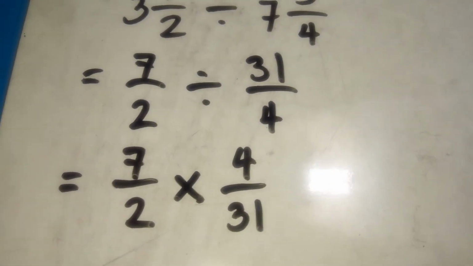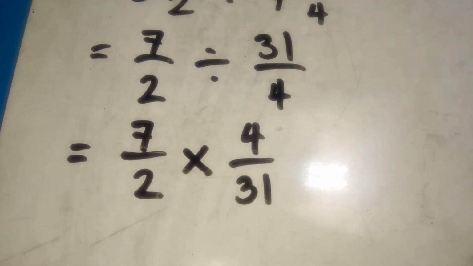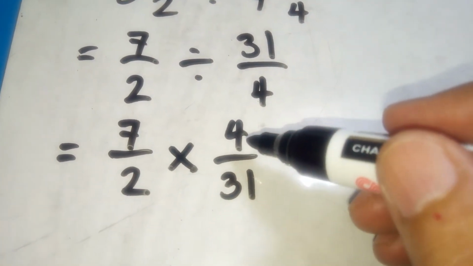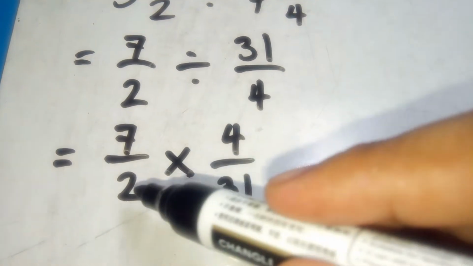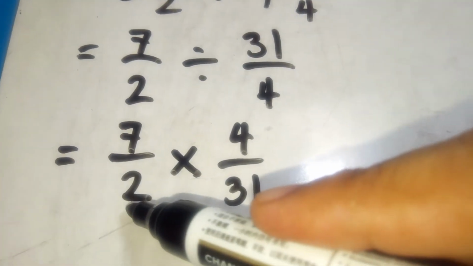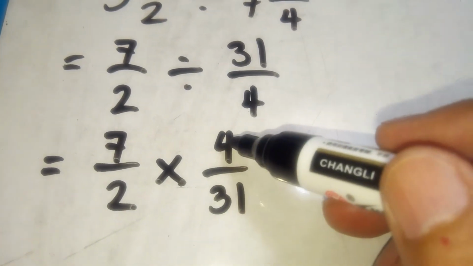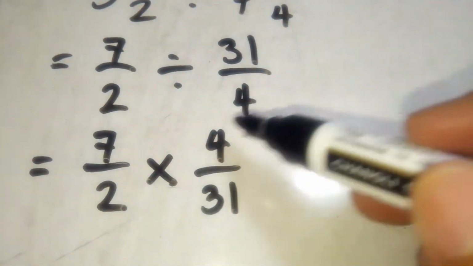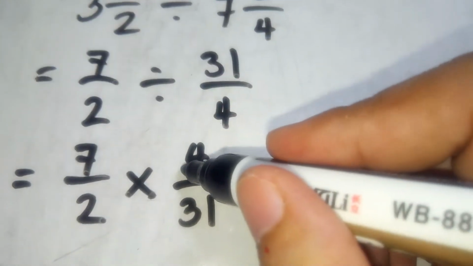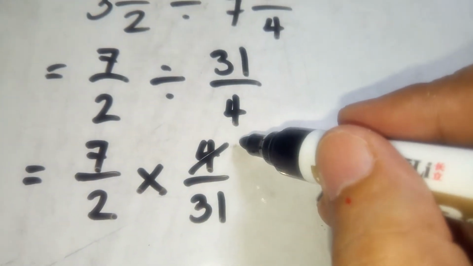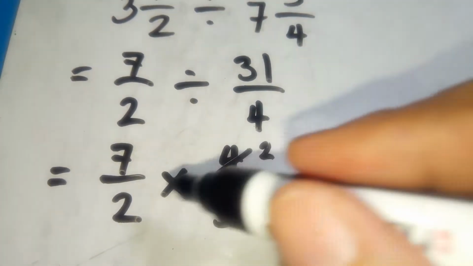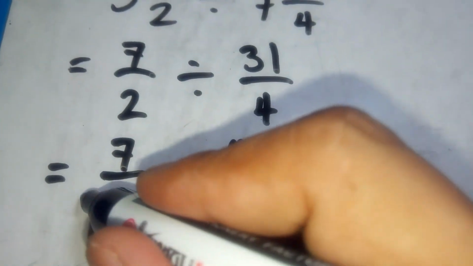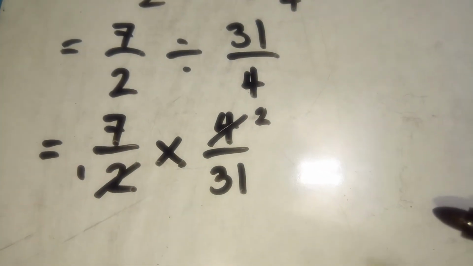Then analyze. 4 has a factor of 2, same thing with 2 here. So that's 2 times 1, and this one is 2 times 2. We can cancel their factors of 2. The remaining factor here is 2, and the remaining factor here is 1.